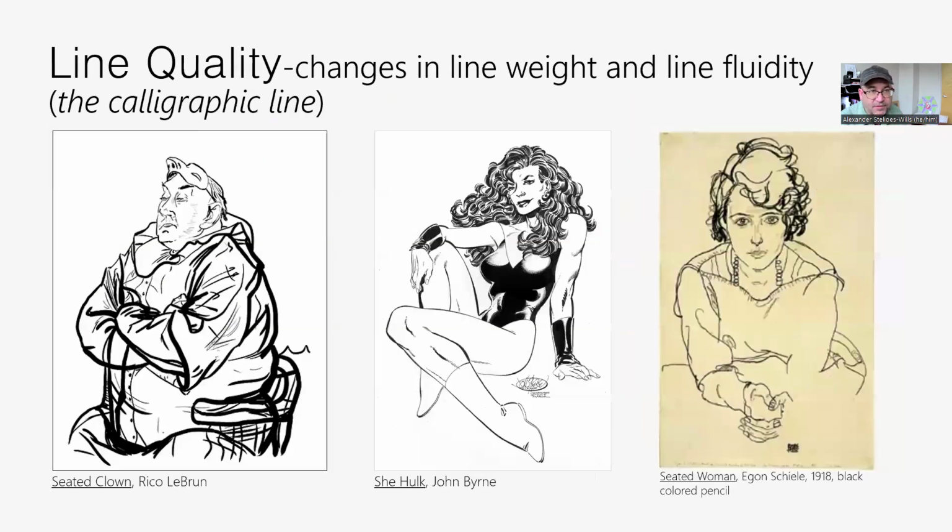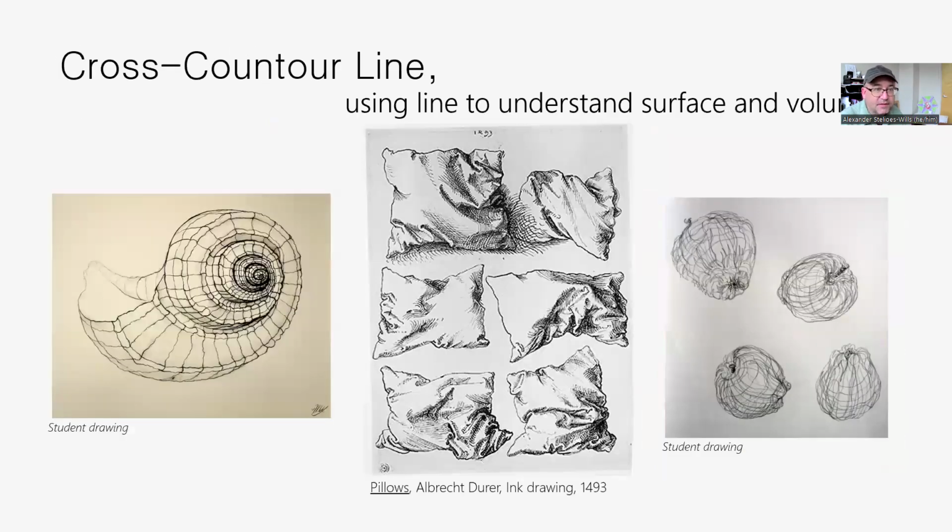Part of the point of this lecture is to get you to think about the definition of drawing. What makes something a drawing as opposed to a painting or a collage? The answer is going to be that it's muddy, it's unclear, but we consider a number of different definitions.